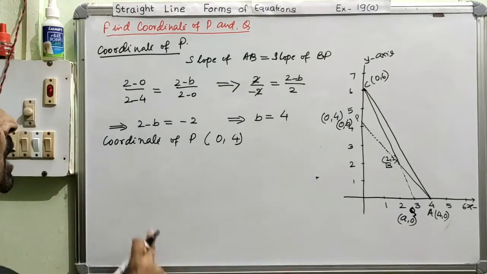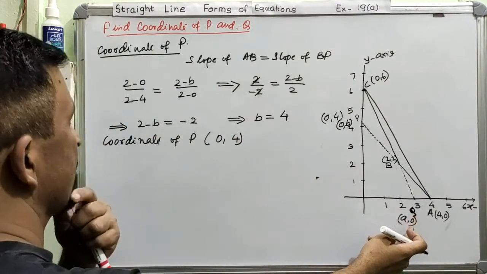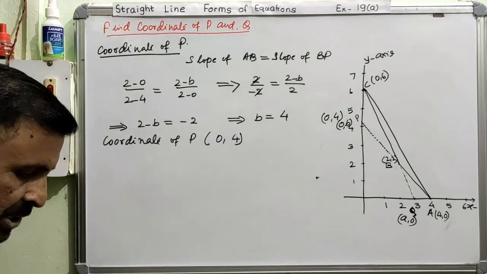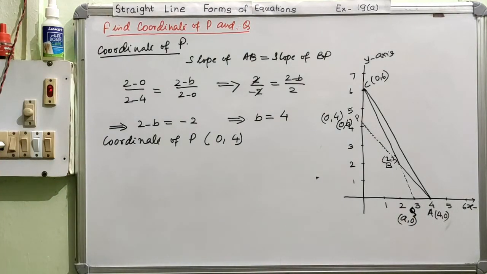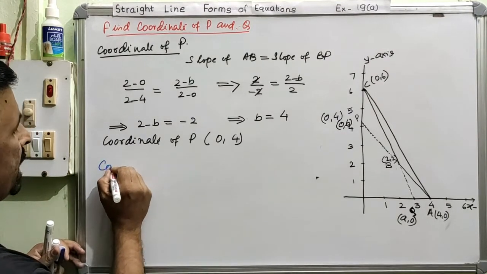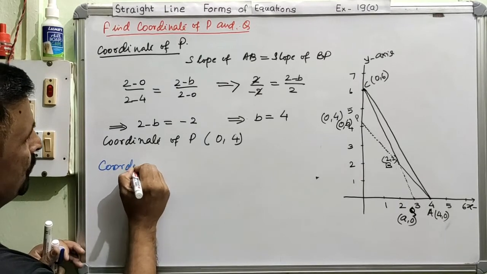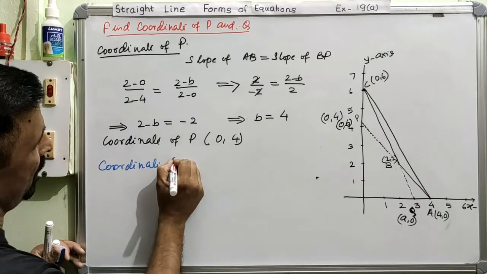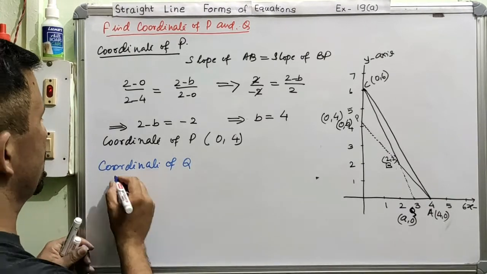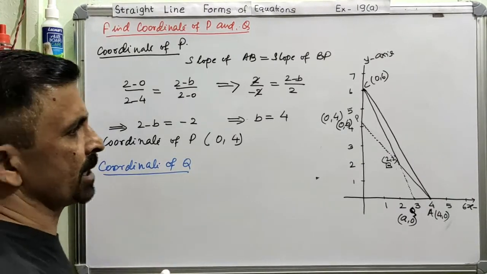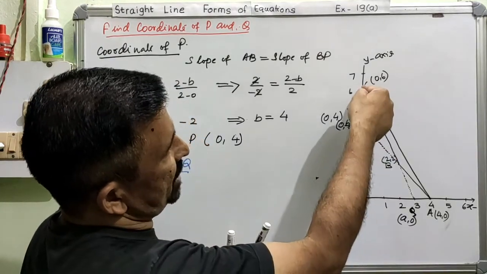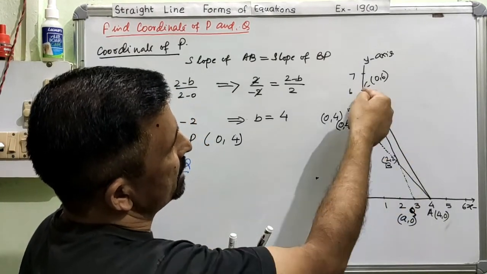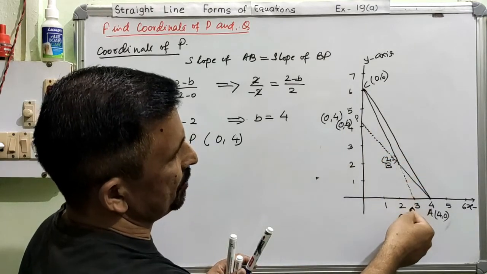Now we are moving on to calculating the coordinate of Q. I'll change the color. Coordinate of Q. Now look here: you can see the straight line CB, and then BQ is the extension.